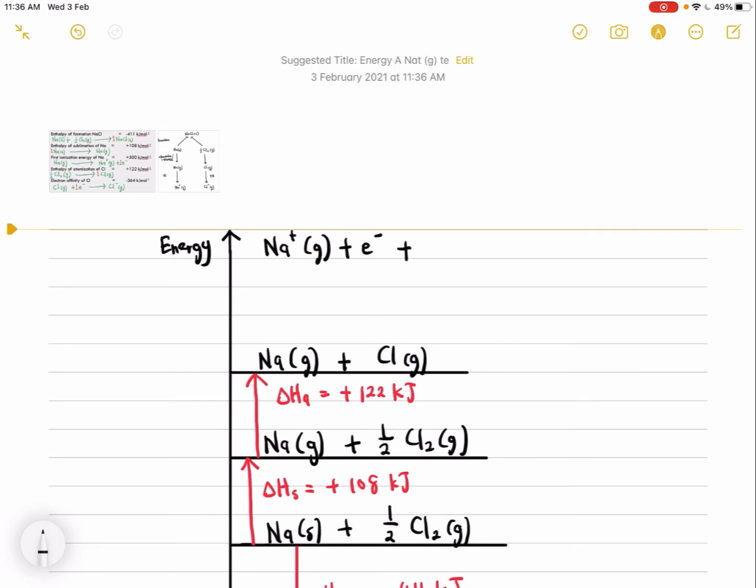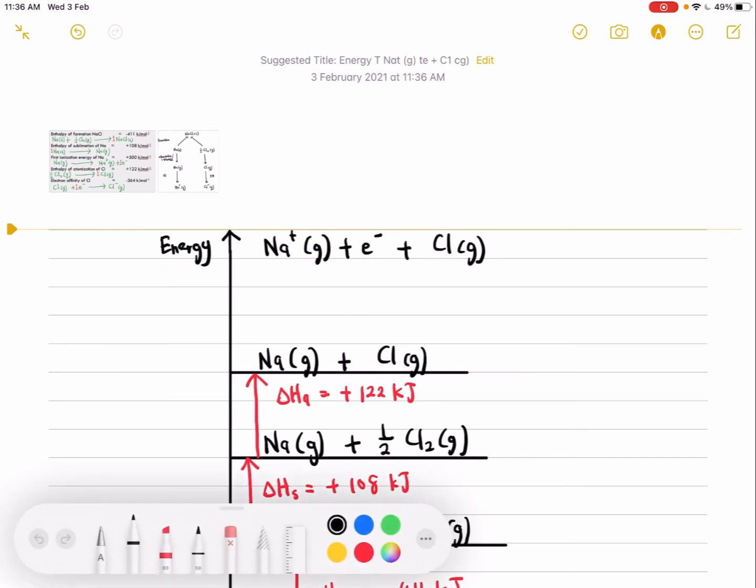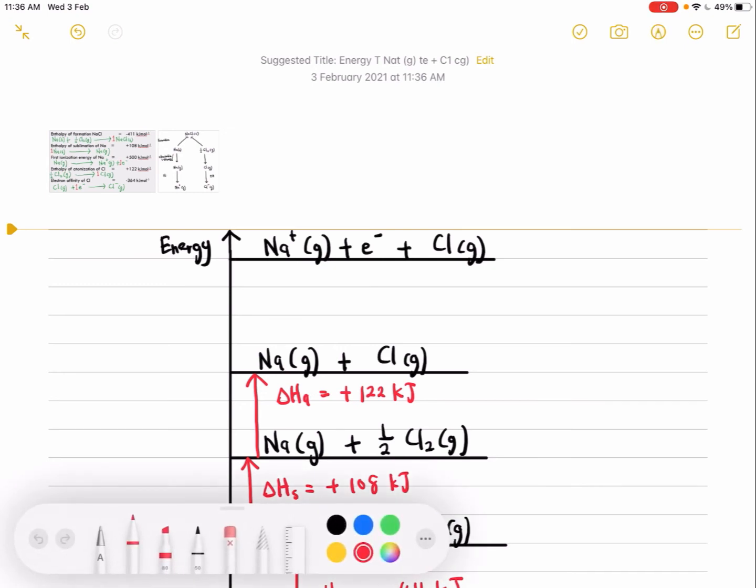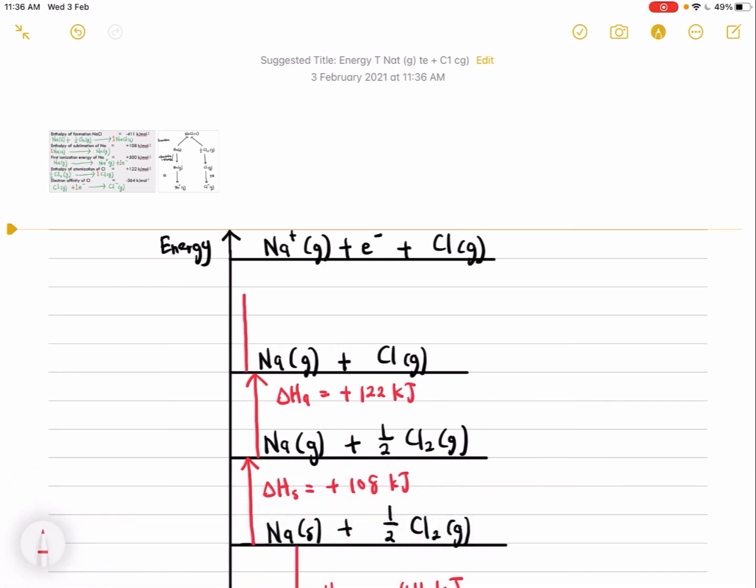And again, we did nothing for the chlorine gaseous atom, so you just have to rewrite the symbol. Okay, so the enthalpy of this reaction will be positive 500. So delta H IE equals plus 500 kilojoules.